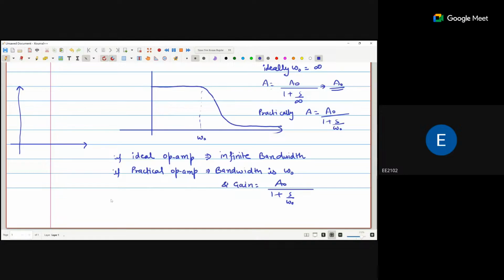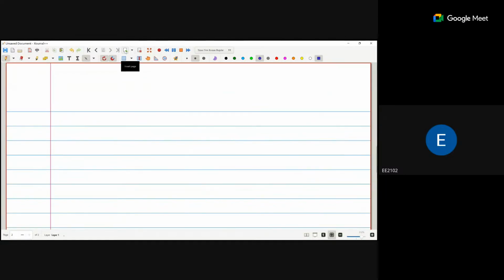Okay, so these are the certain parameters about the operation amplifier. If you have any doubt, you can ask me.